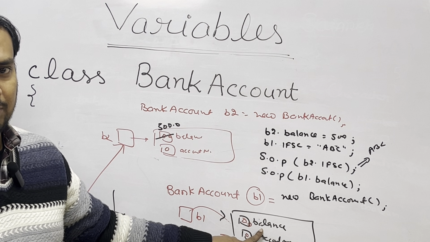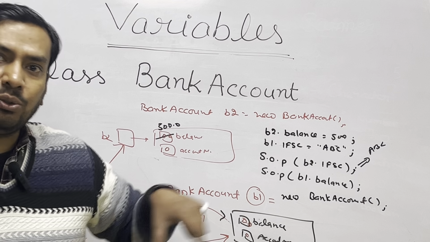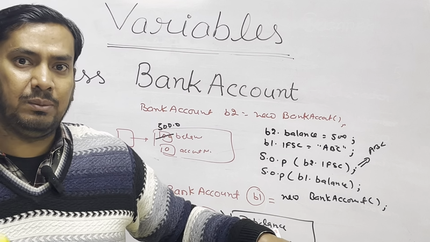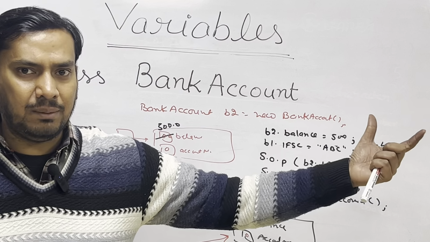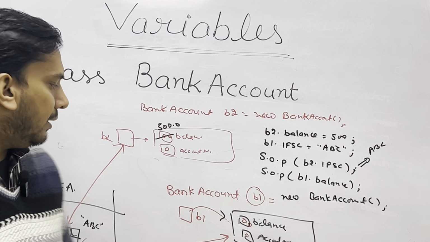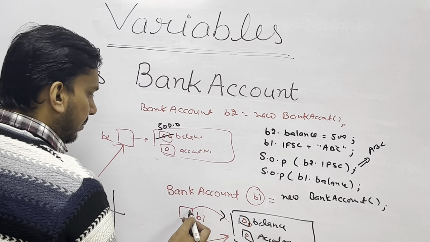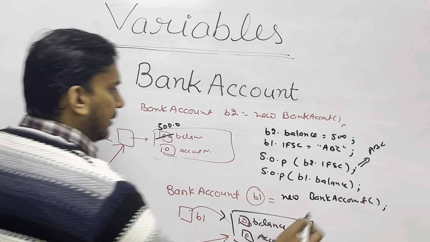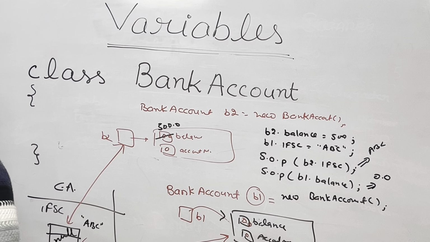B1 balance will not be updated because these are property of their object. You can update your instance variable, you cannot update the other's instance variable. But if you update a shared variable, class variable, it will be updated to everybody, right? So if you are printing the B1 dot balance, the B1 dot balance is still 0.0. So here you will get the 0.0, right?